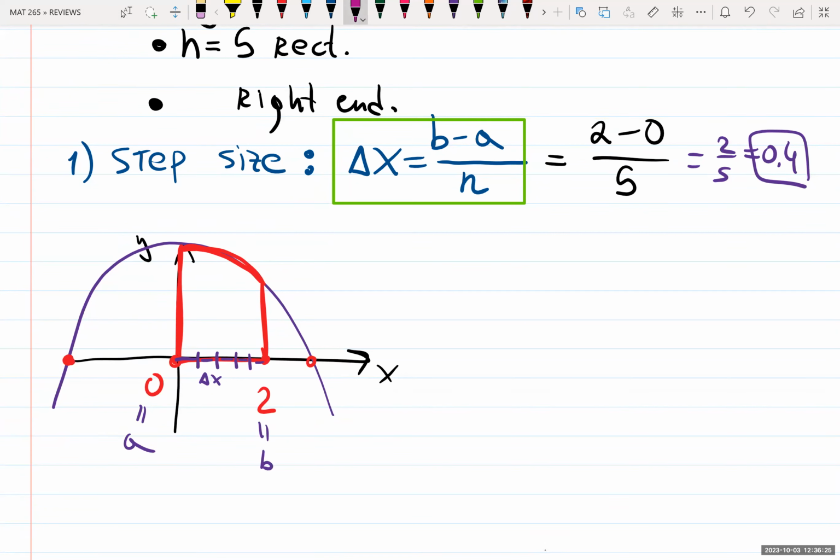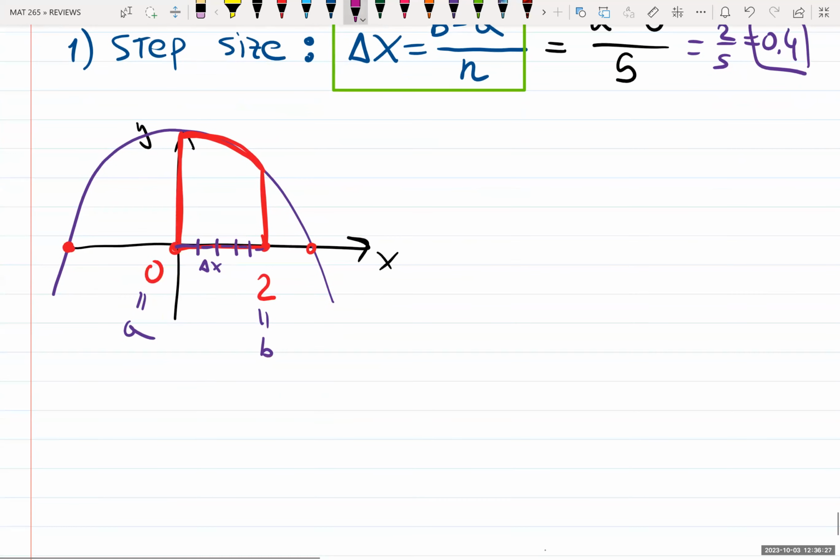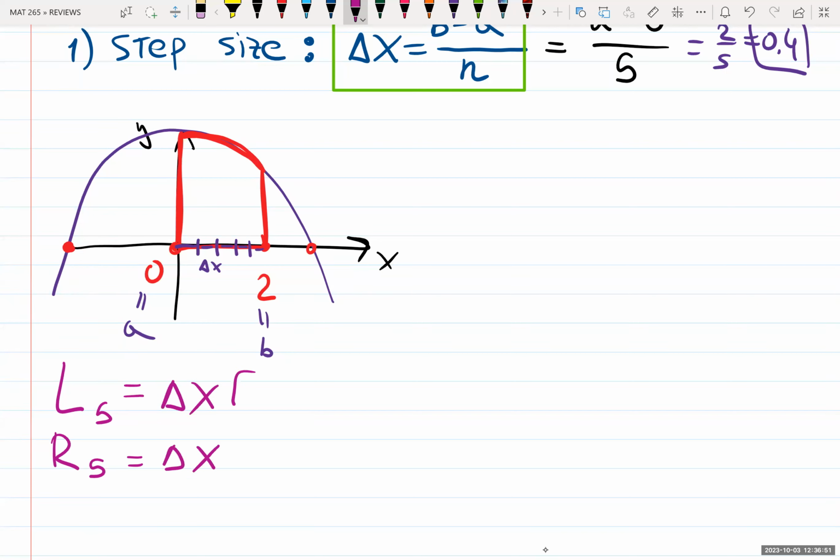And now it's important to know which formula to use. We have 2 formulas: left endpoints rectangle and right endpoints rectangle. I think I posted some nice animation about that in announcements, but if not, I can post. For the left one, the formula starts the same with delta x, so make sure you multiply by delta x.